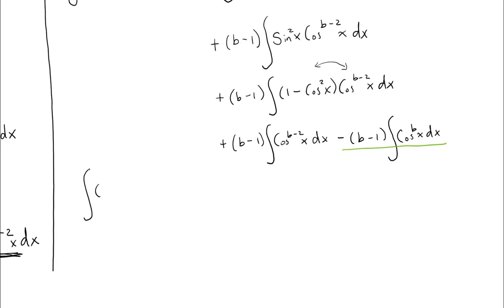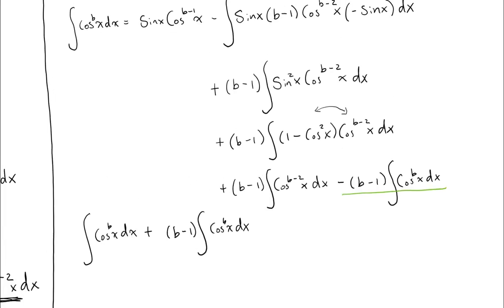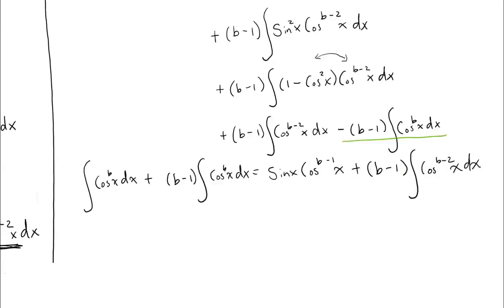Now we get the integral of cosine to the b of x dx plus b minus 1 times the integral of cosine to the b of x dx, and this is going to equal, well, we can't forget our sine and our cosine to the b minus 1 of x, so that'll equal sine of x cosine to the b minus 1 of x, and this will be plus whatever we have left on the right hand side here, b minus 1 cosine to the b minus 2 of x dx, and that is our reduced integral.